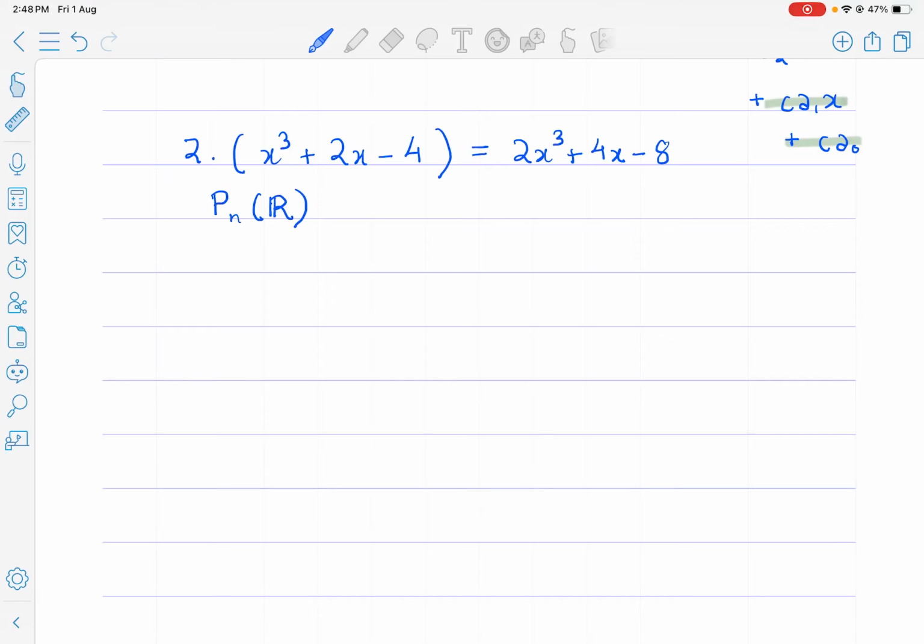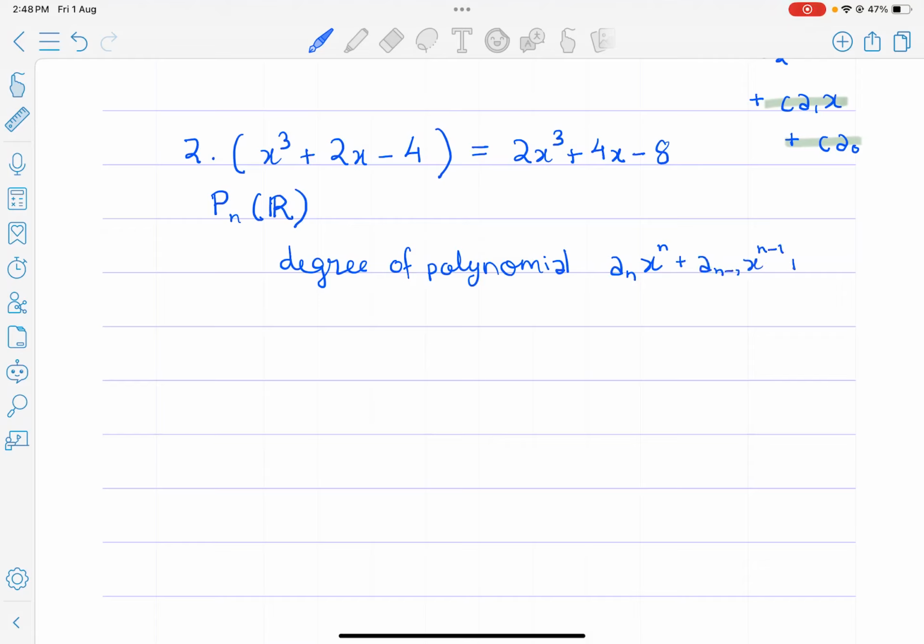What is the degree of a polynomial? The degree of a polynomial is just the highest power of x whose coefficient is non-zero.